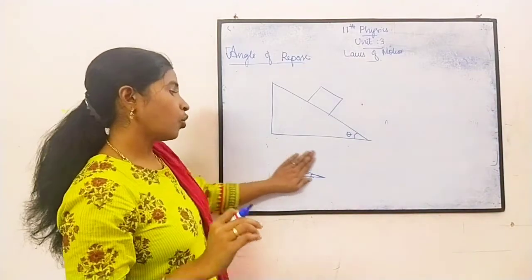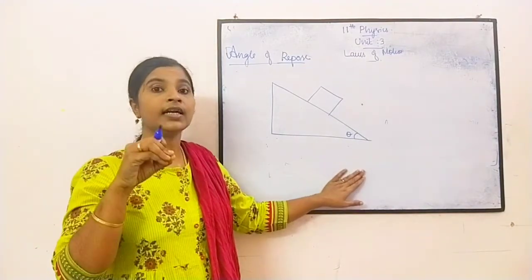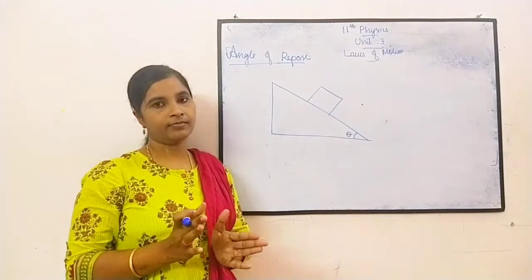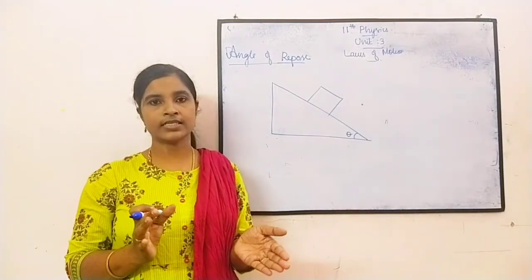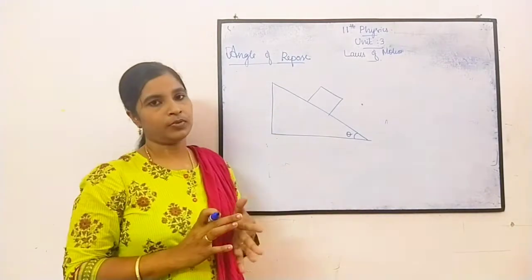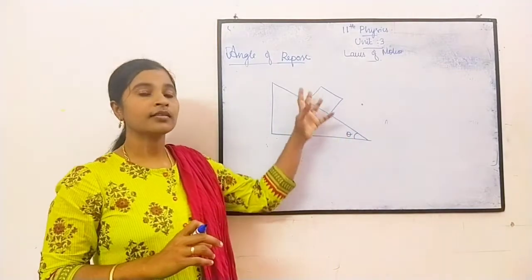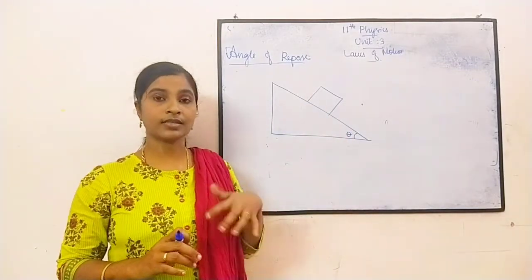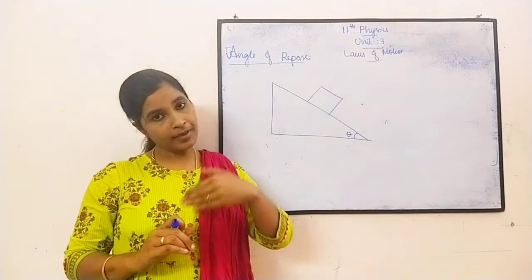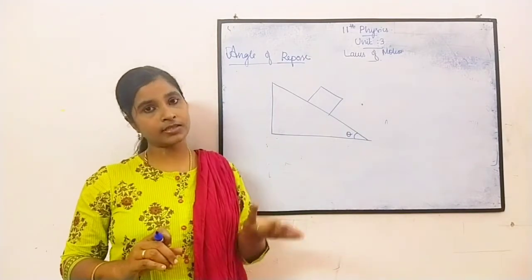At what angle will the object slide? That particular angle we call the angle of repose. At certain angles the sliding may increase, at certain angles it may decrease, or at a certain angle there is no sliding.